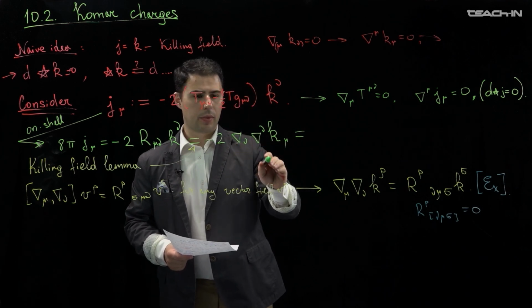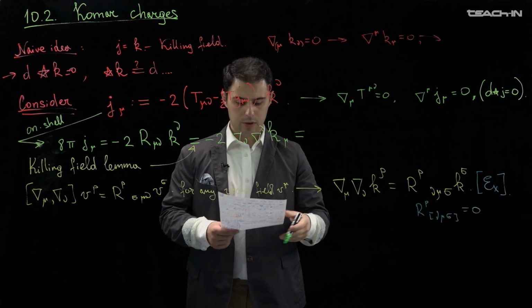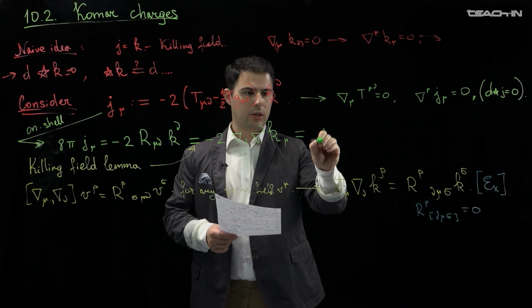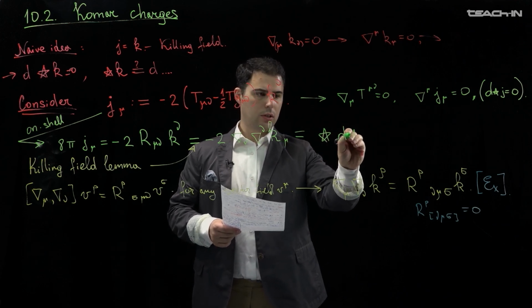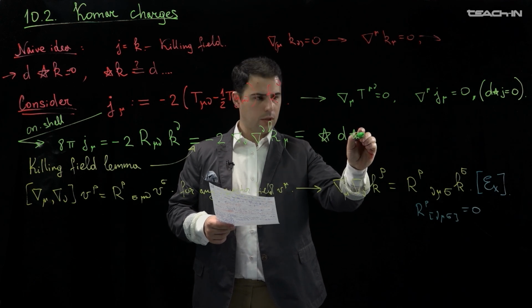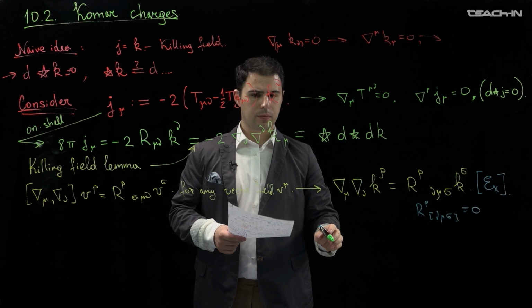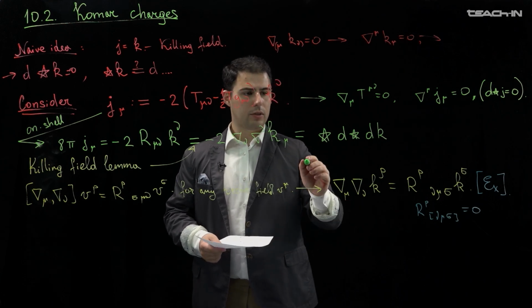And a Laplacian is a divergence of something, so we can naturally write it as star d star of dK.